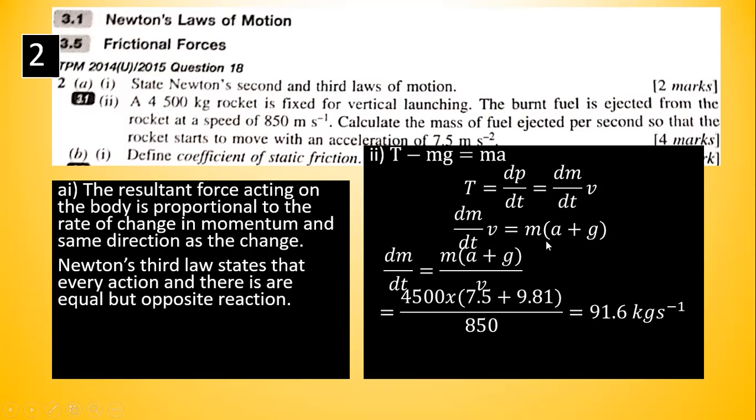Put in your values: m is 4,500, a is 10.5, g is 9.81, v is 150. Calculate. 91.6 kilogram. That's all. So easily 4 marks, but you need to know how to do it. The calculation and the derivation.